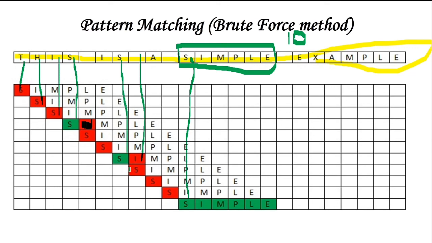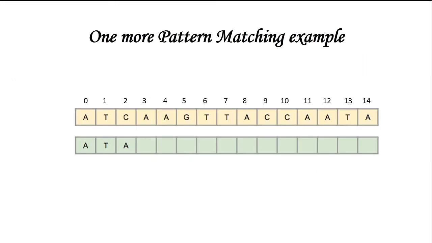Let us see one more example, the animation of the example. So here you can see this is the string ATC. This is the pattern you are going to match with. So when you get A, now AG, wrong.